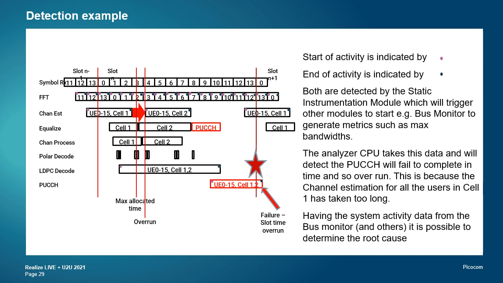Because it will have the data from the bus monitors and the status monitor looking at the number of data structures being fed into the accelerators, it can calculate that the PUCCH will overrun the time slot. And the failure for that is too much bandwidth into the SRAM, and as a consequence, too many data structures being fed into your accelerators.